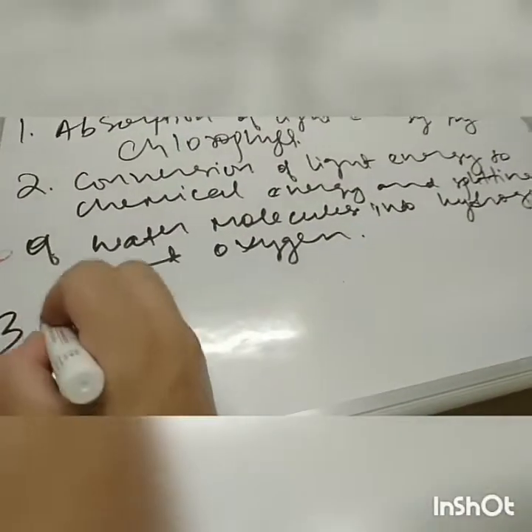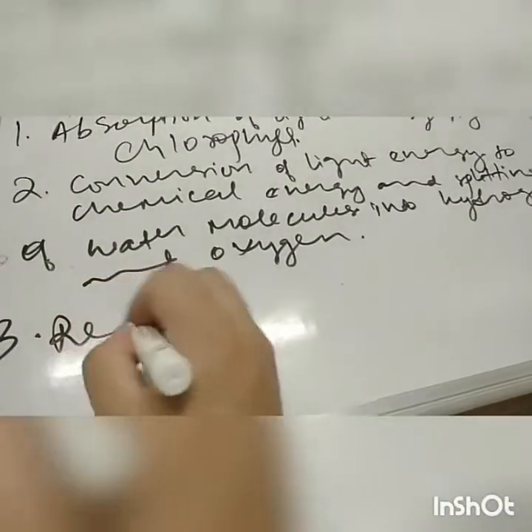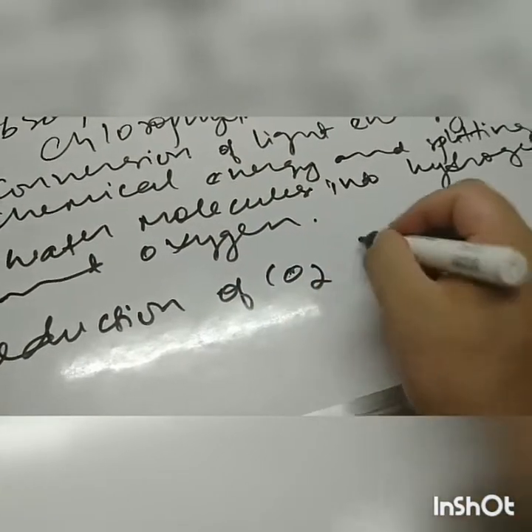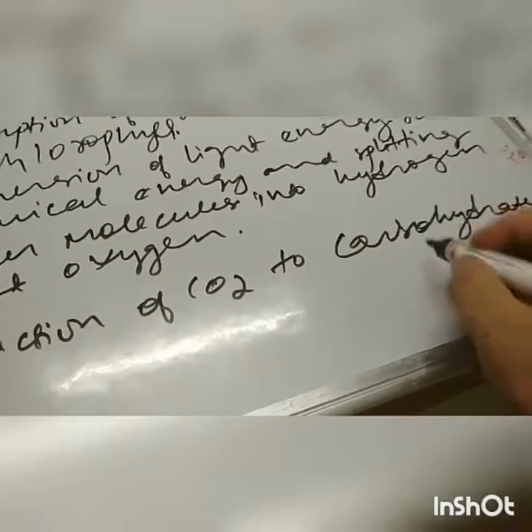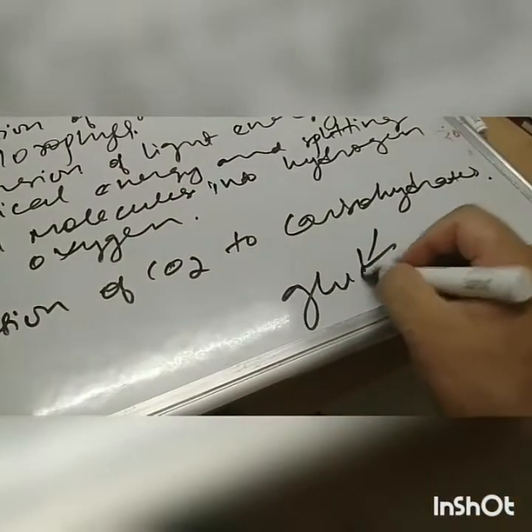And the third event is reduction of carbon dioxide to carbohydrates. This carbohydrate is talking about glucose, which the plant uses for its own growth and development, right?